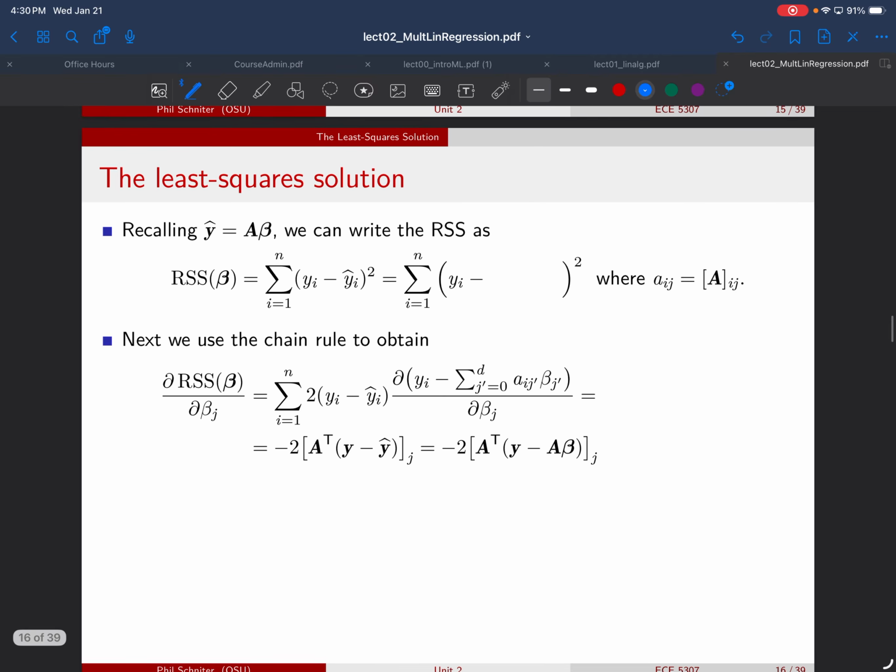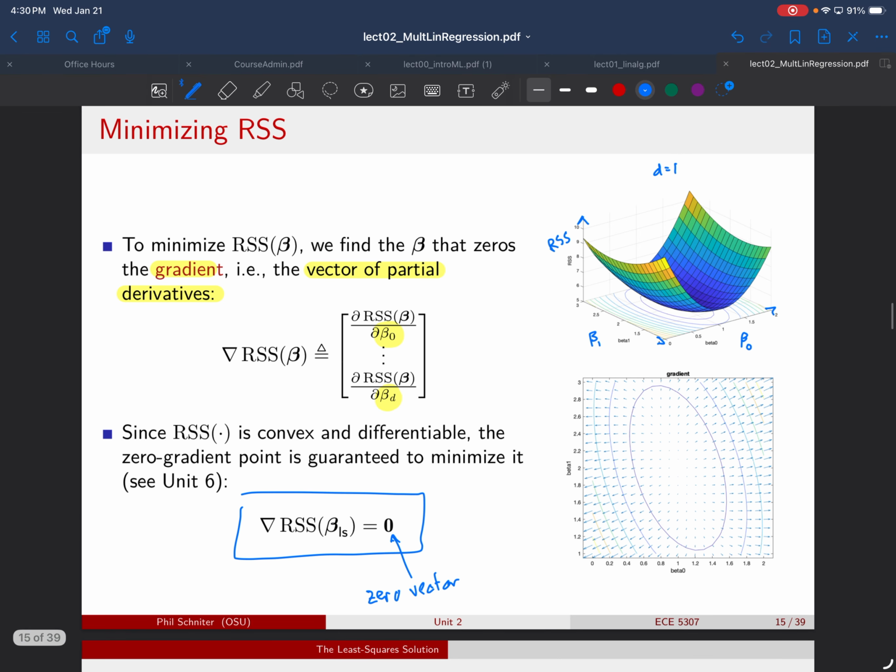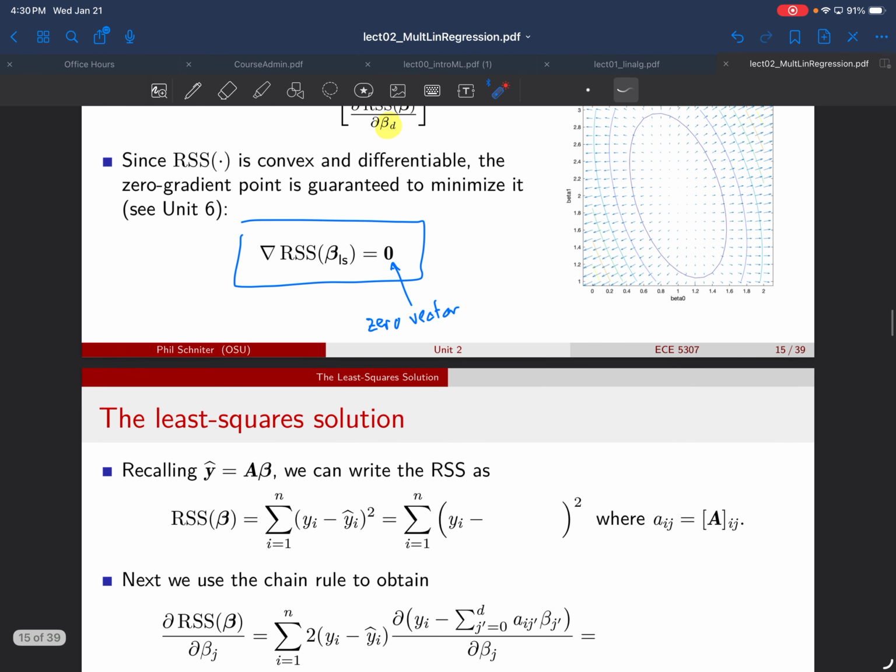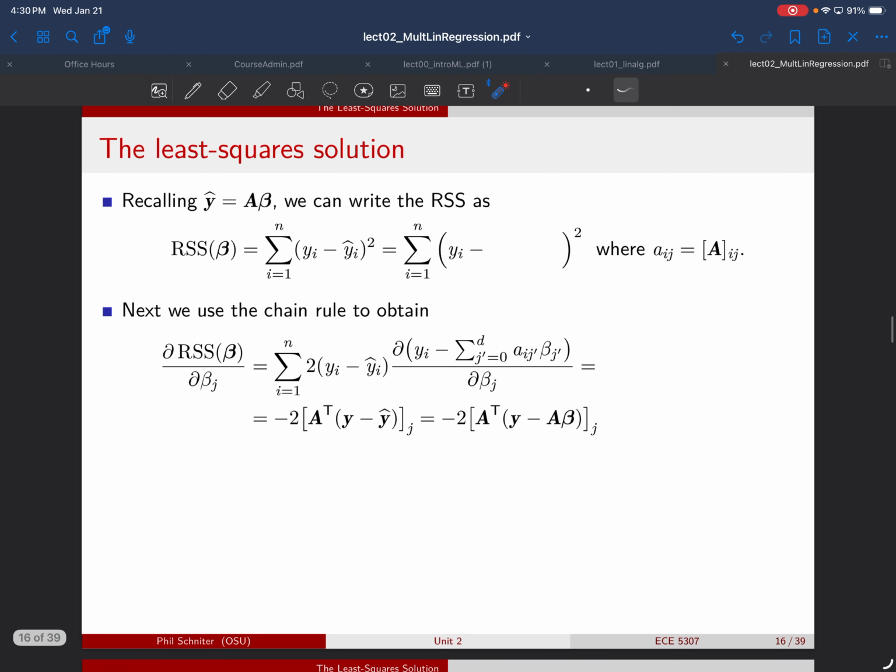Okay, so the next step is to derive the expressions for these partial derivatives, and then from there we'll figure out what this least squares beta is. So we've looked at this RSS expression before. We expressed it as a squared norm and so on here. When we do calculus in this class, because there is such a thing as vector calculus, where you can take derivatives with respect to vectors and matrices, but I'm assuming you guys don't know that.